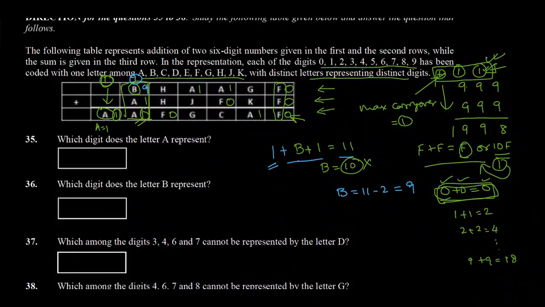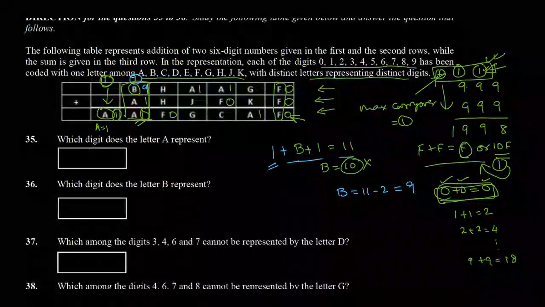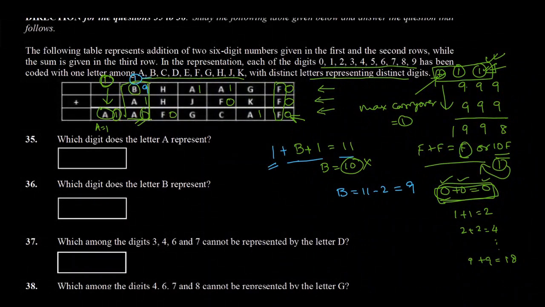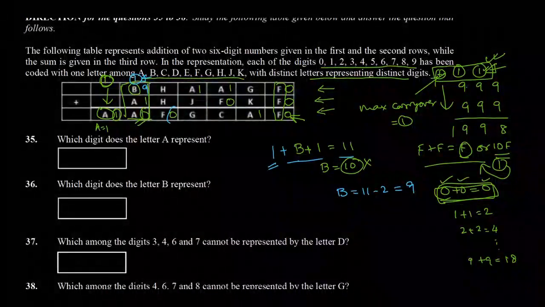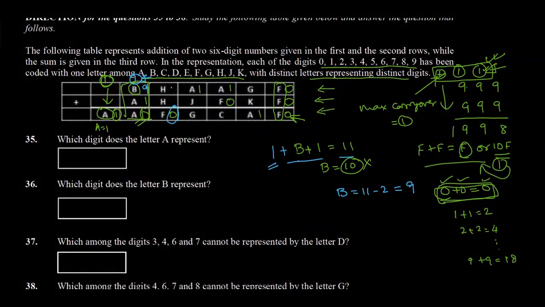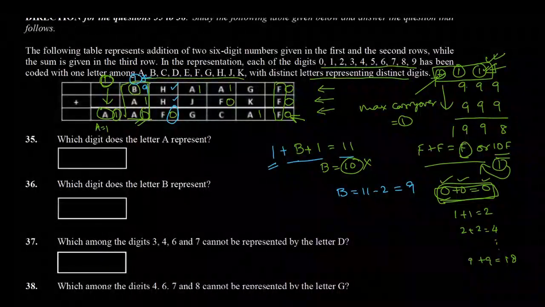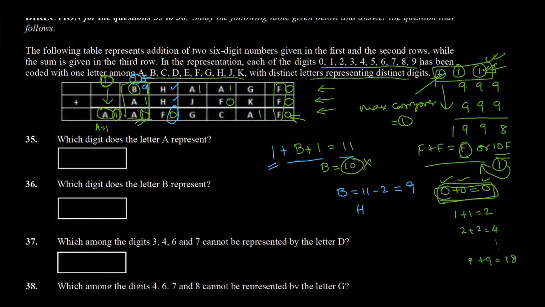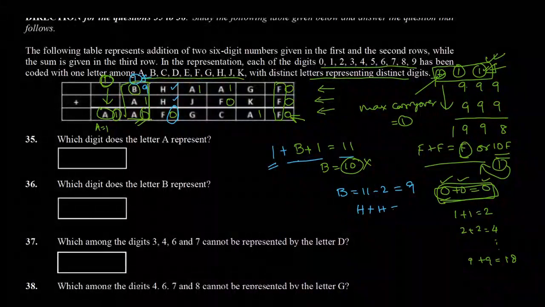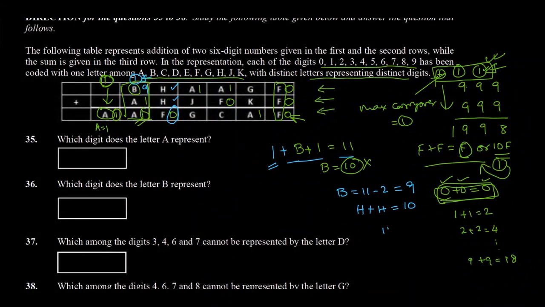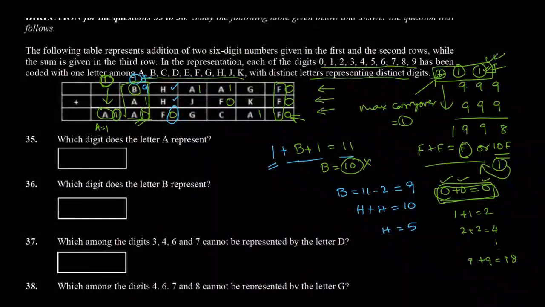Now we don't have B anywhere else. Now you see that we have a 1 carryover here and a 0 here, which means H plus H is equal to 10, or H is equal to 5.